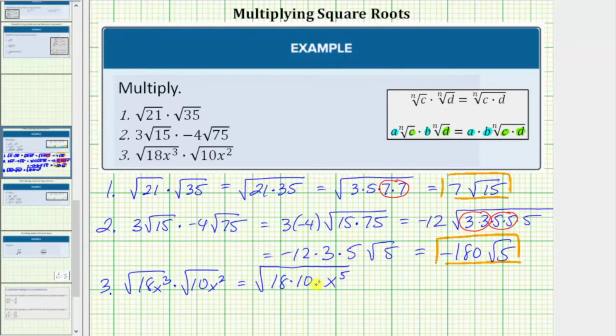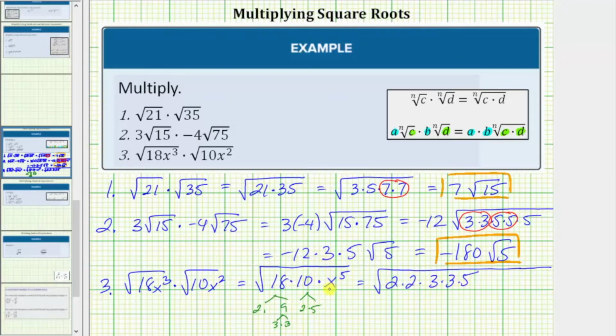For the next step, we'll determine the prime factorization of 18 and 10. Well, 18 is equal to 2 times 9, 9 is equal to 3 times 3, 10 is equal to 2 times 5. So for the prime factorization, we have 2 factors of 2, 2 factors of 3, and a factor of 5.